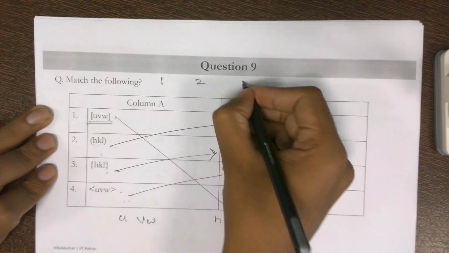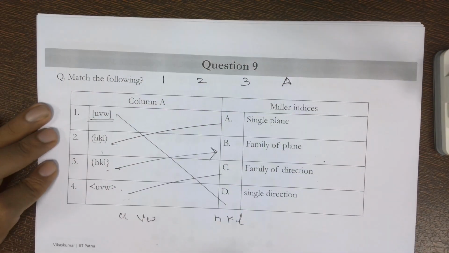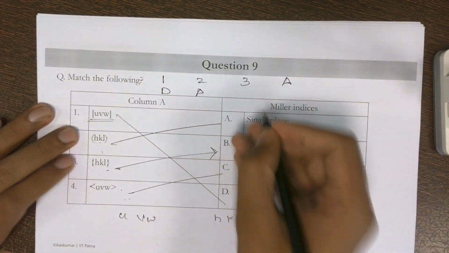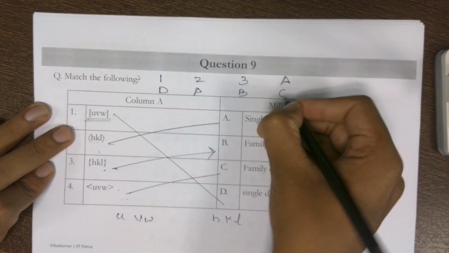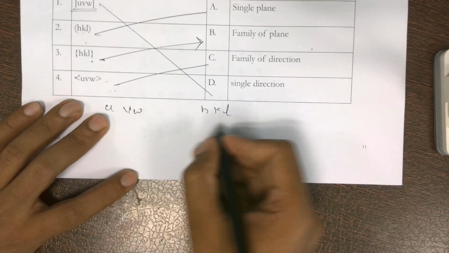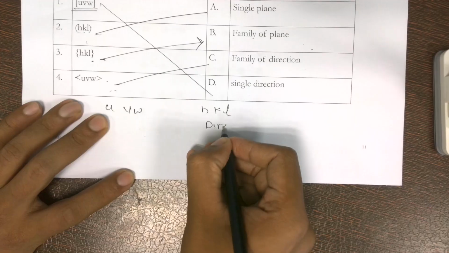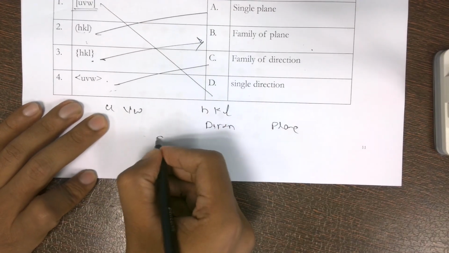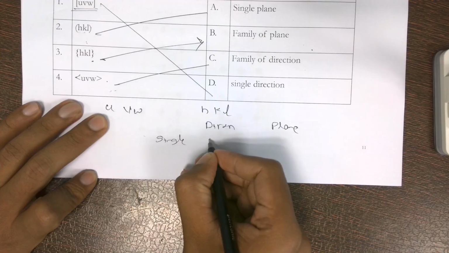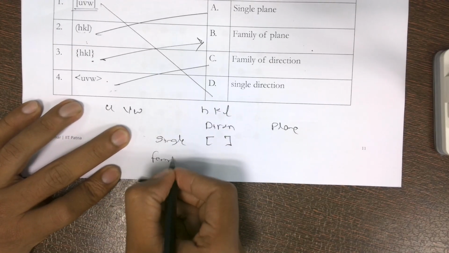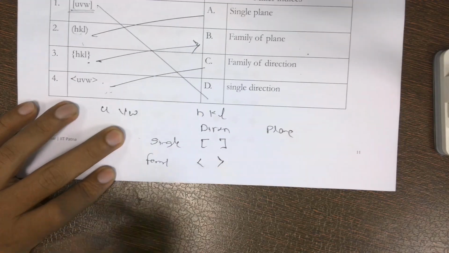Okay, so we can write the final answer. It is D, A, B, and C. Always remember, when we are talking about direction and plane, a single direction will be represented by the square bracket, while the family of directions will be represented by this type of bracket.